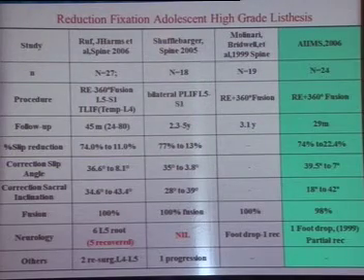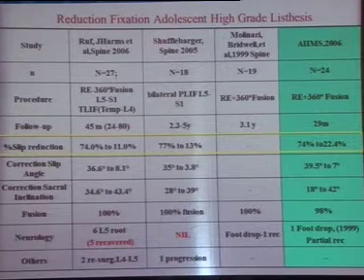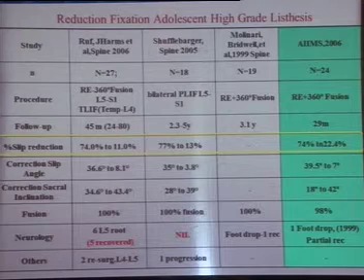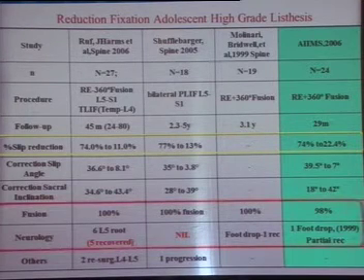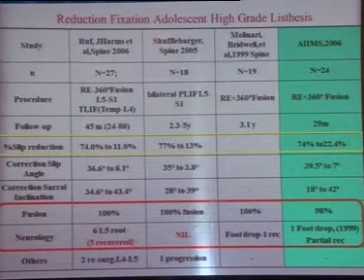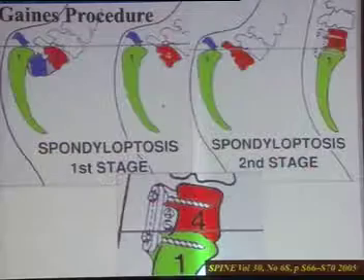And if you look at the newer studies of people who are reducing and fixing, Guggenheim, Shufflebarger, Molinari, Keith Bridwell, they all say that they are able to reduce significantly the slip angle and slip percentage. Also, good fusion rate has been achieved, and relatively much less neurological deficit.